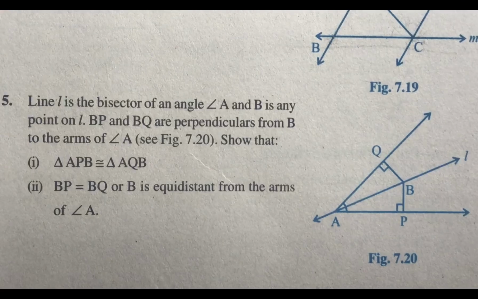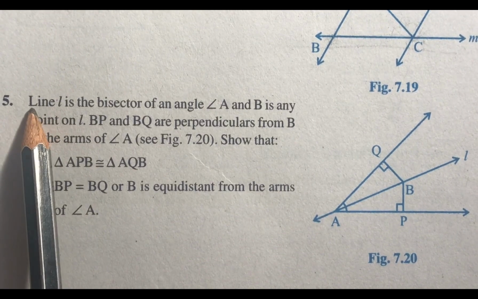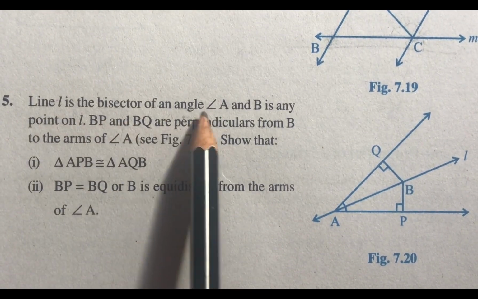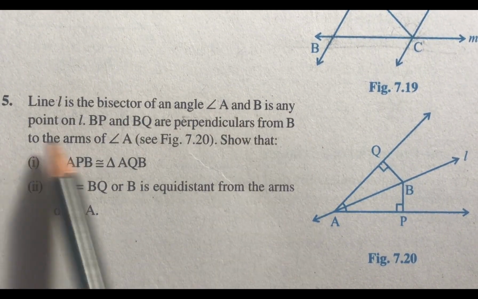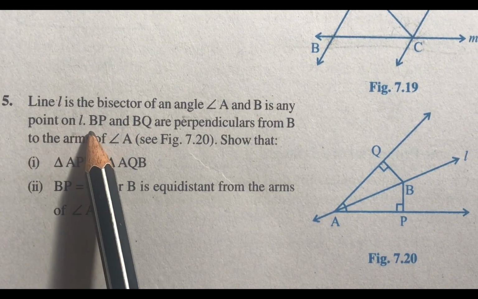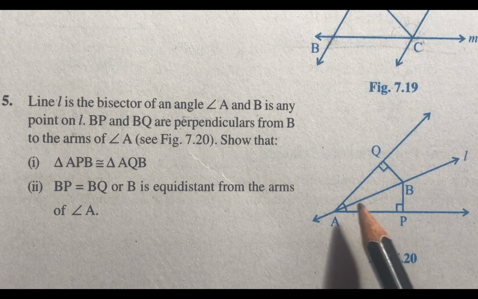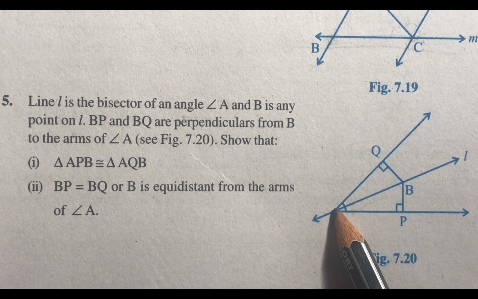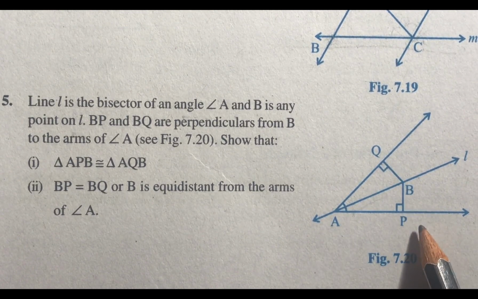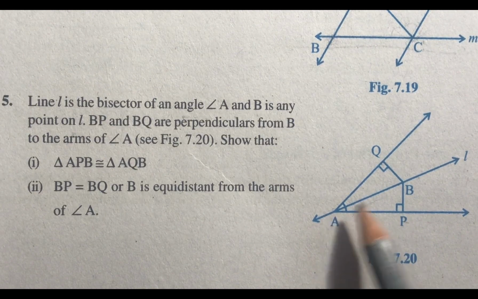Okay. So question number 5. Line L is the bisector of angle A and B is any point on L. That is, line L is a bisector of angle A, so angle QAB is equal to angle PAB.